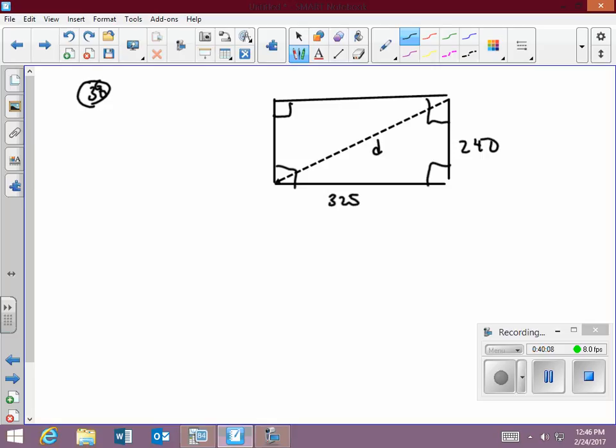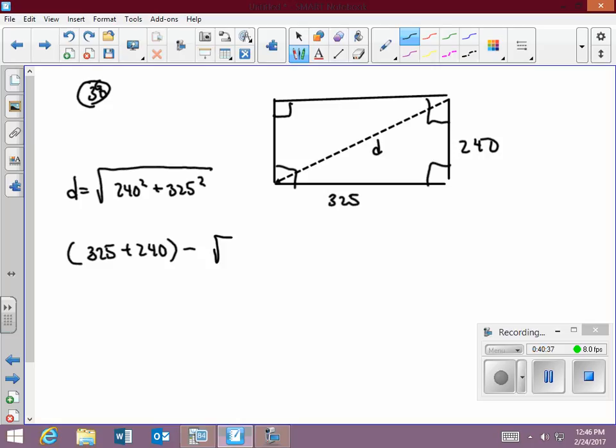So what you do is take the diagonal, which is the square root of 240 squared plus 325 squared. Then you take the sum of 325 plus 240, walking on the edges, and subtract this. And that would be how much shorter it is.